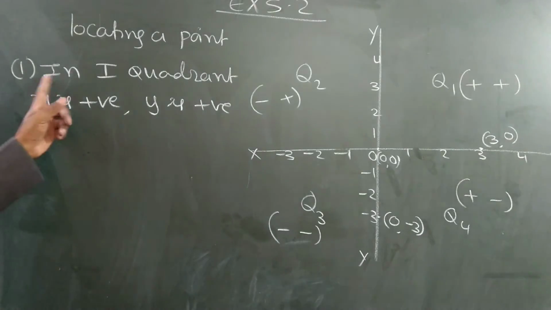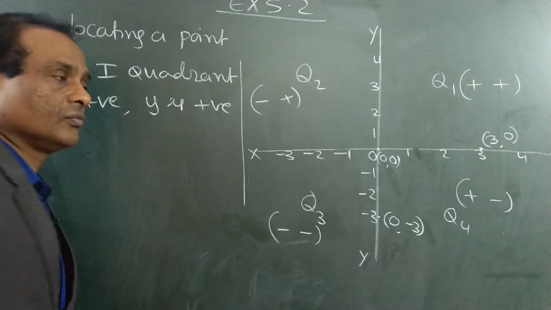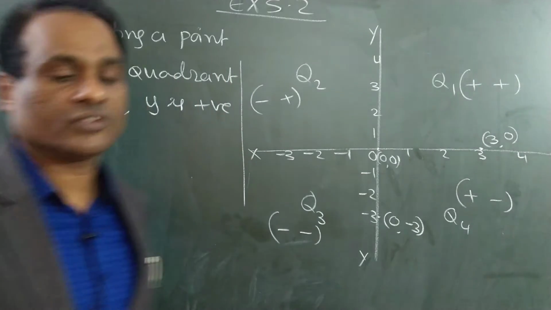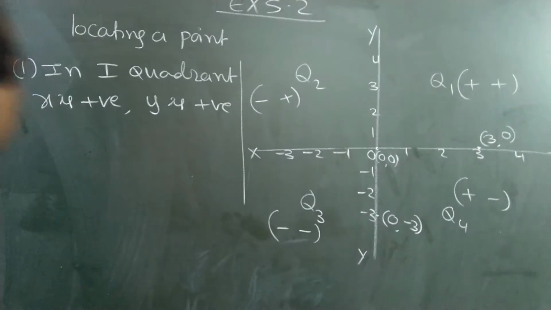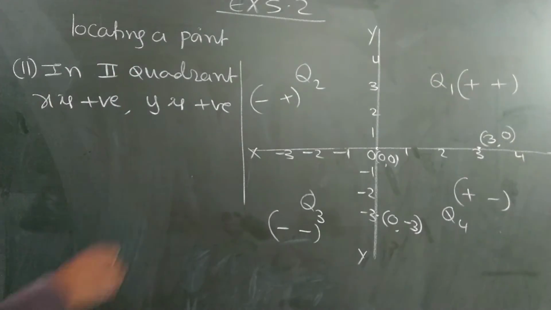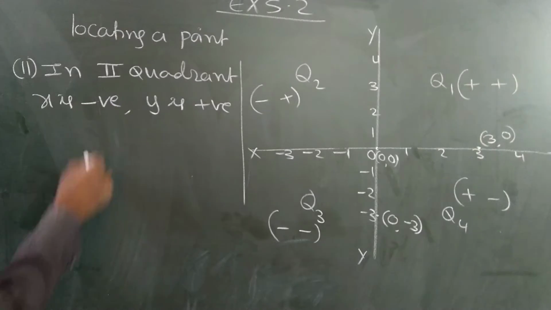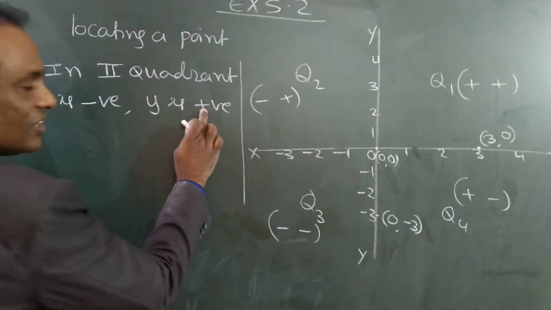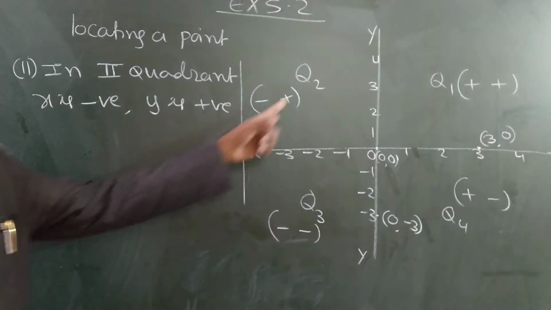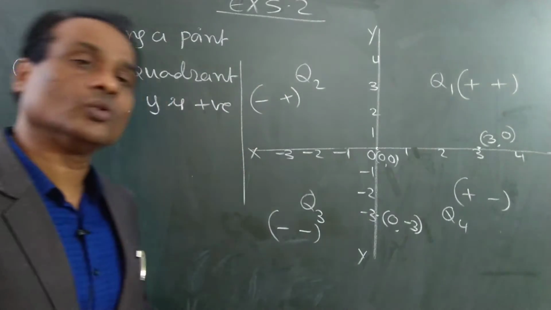Next, second point. In the second quadrant, write down: x is negative, y is positive. Be careful. In the second quadrant, x is negative, y is positive.